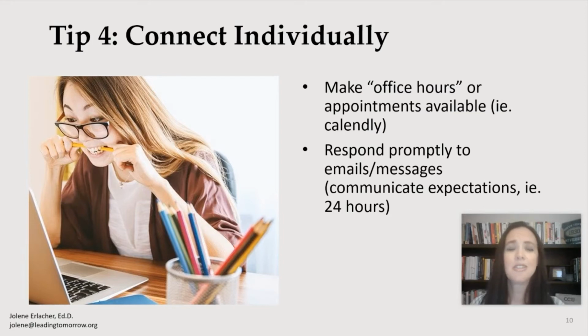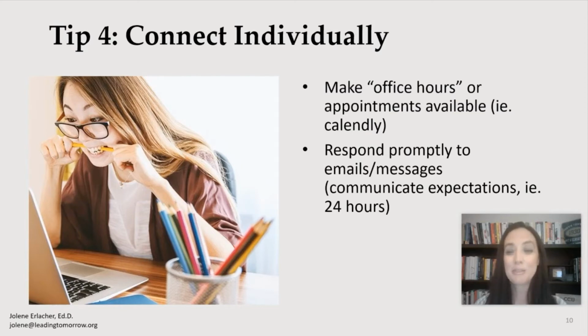Students today are used to instantaneous feedback, right? If someone takes more than 5 minutes to respond to a text message, it feels like a long time to them. So just responding promptly to emails and messages. I communicate expectations up front. I let them know I'm going to communicate within 24 hours. So if you don't hear from me within 4 hours, don't worry.